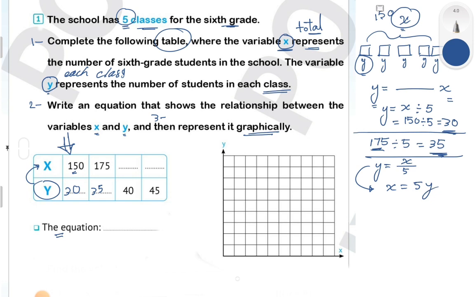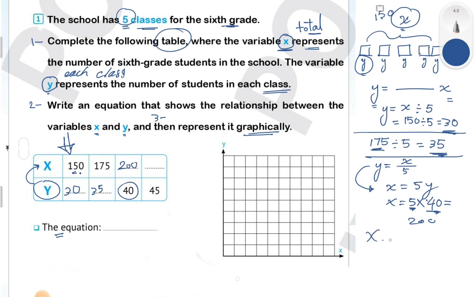If I multiply the value of y by 5, I will get the x value. For example, 40. So at y equal 40, x will equal 5 times 40. Number of classes multiplied by number of students in each one. It's equal 200.